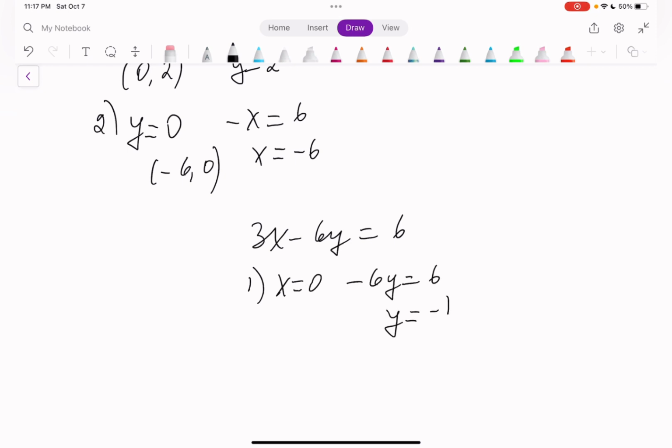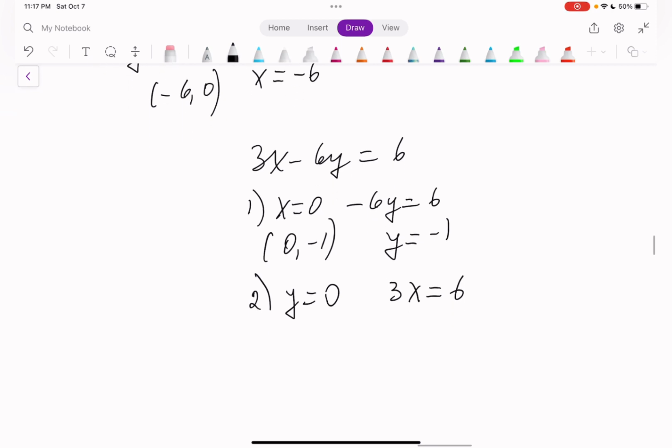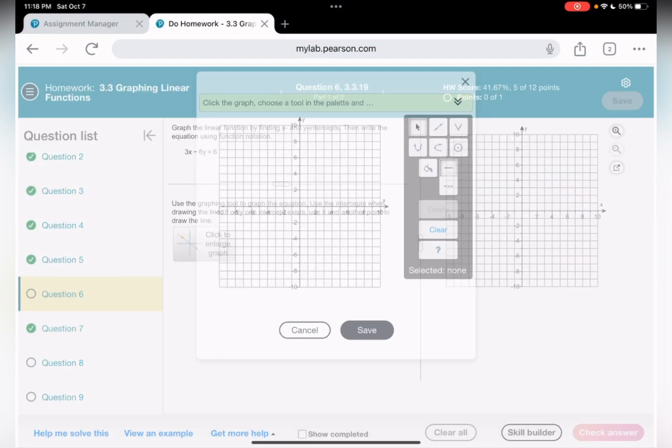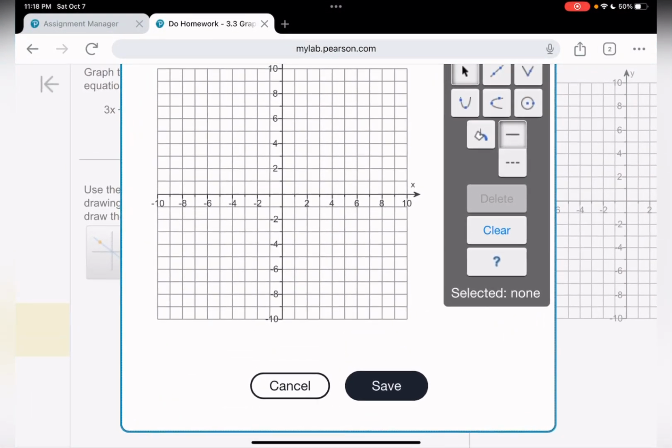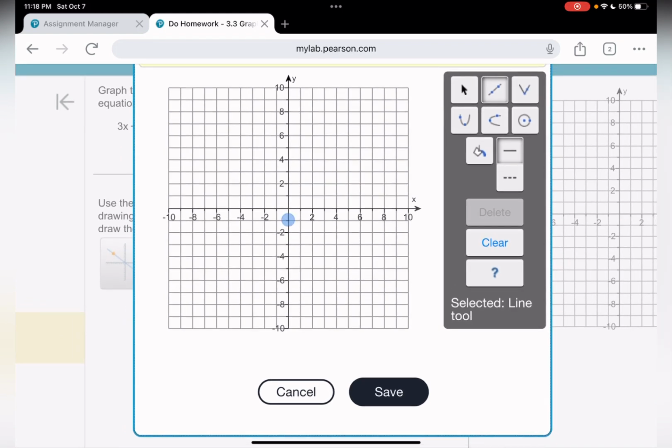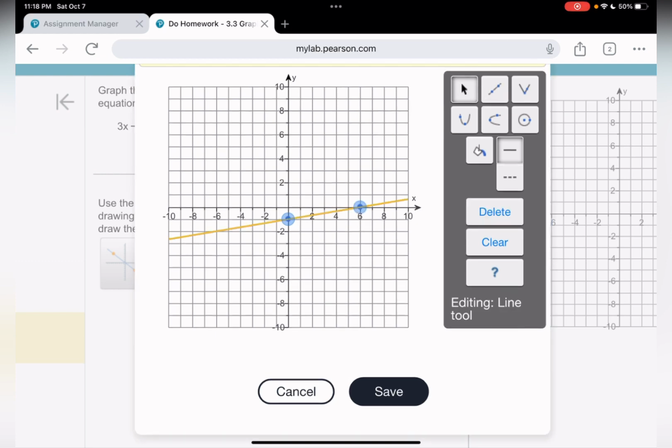Y is equal negative 1, right? 0, negative 1. And second intercept, y is equal 0. We get 3x is equal 6 because negative 6y is going to be 0. And x is equal 2. So we get 2 and 0.